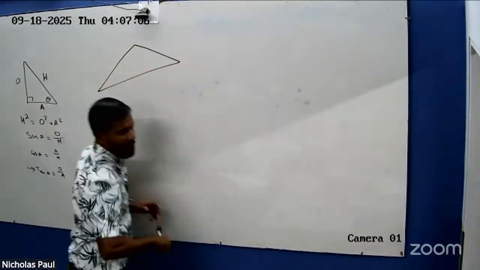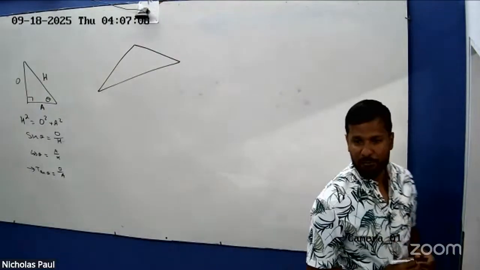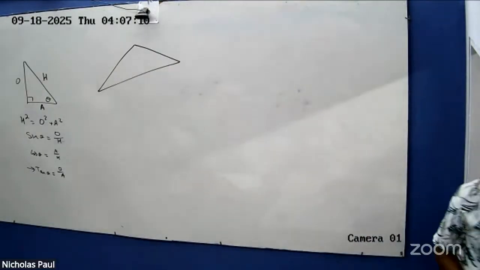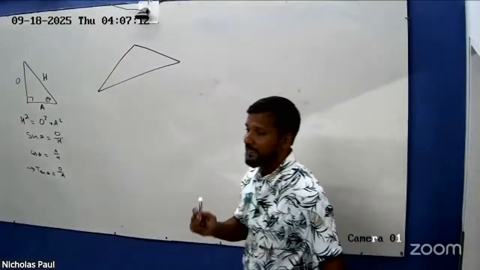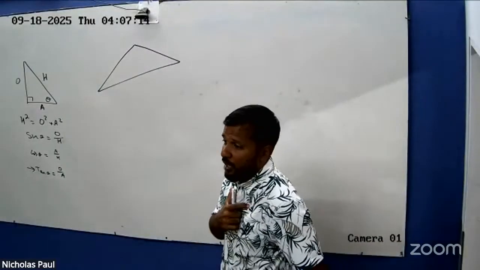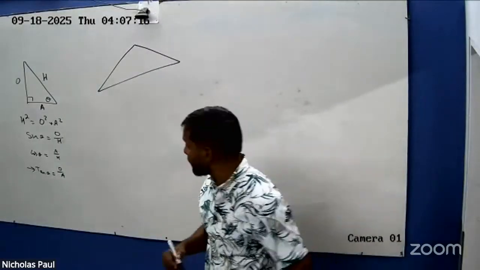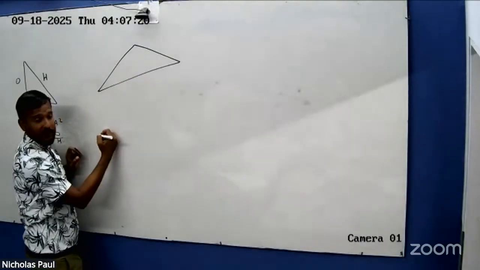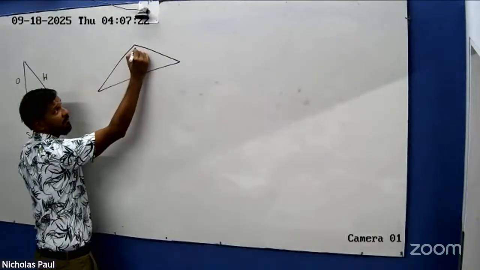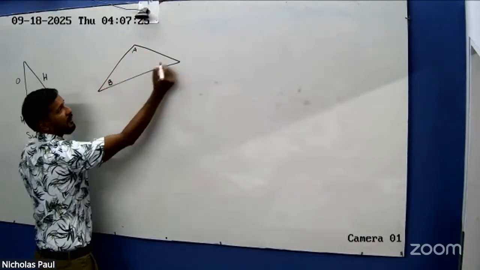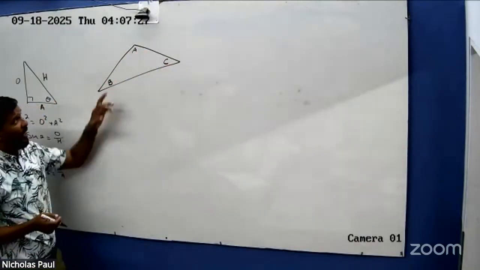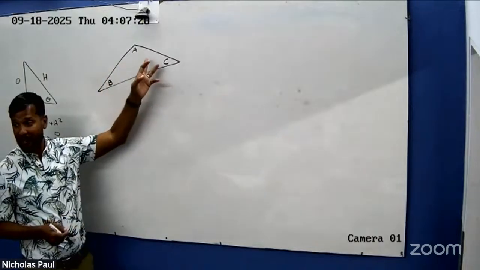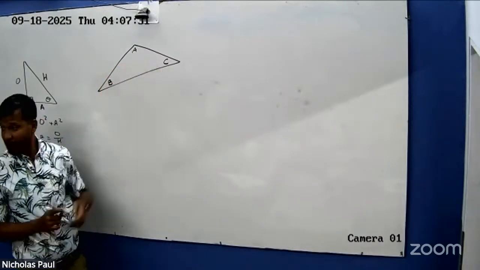All right. So let's say we have a non-right angle triangle, right? I want you to understand how to label it. Always remember that angles will carry capital letters. So here's A, here's B, and here's C. So all of the uppercase letters are your angles. That's okay?